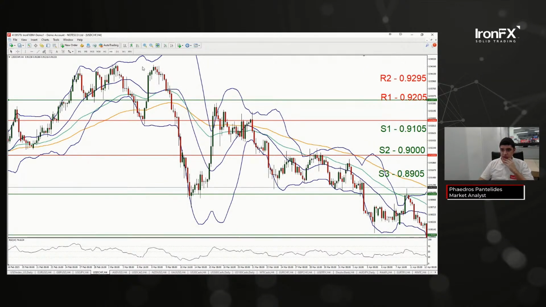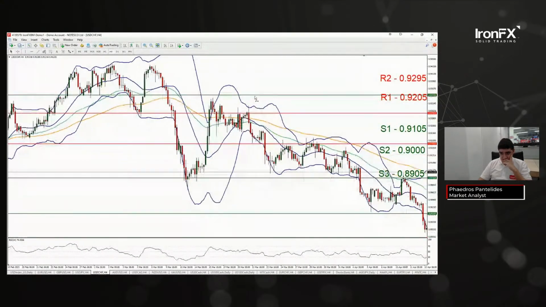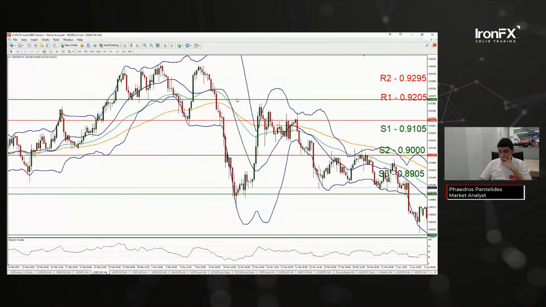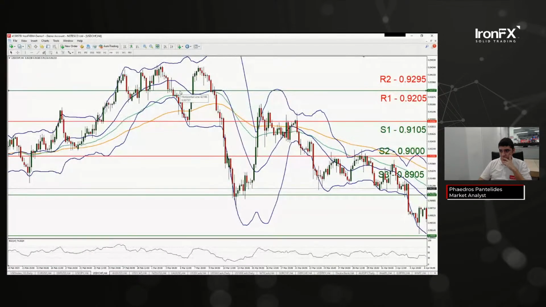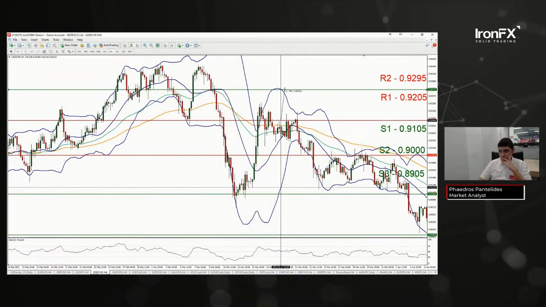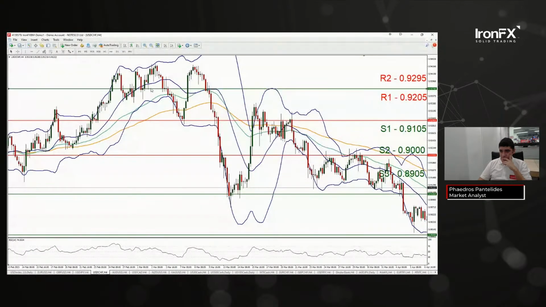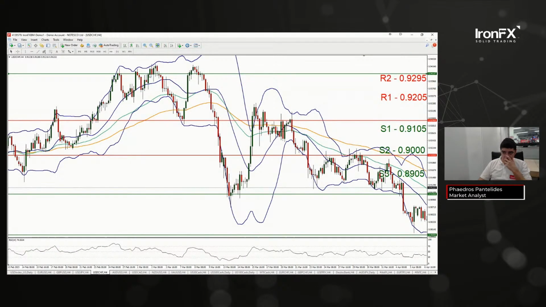I'm ignoring this high as it would be too far away from our current levels, but 50 pips is still slightly too close for comfort. Just measuring the distance between R2 and potential.